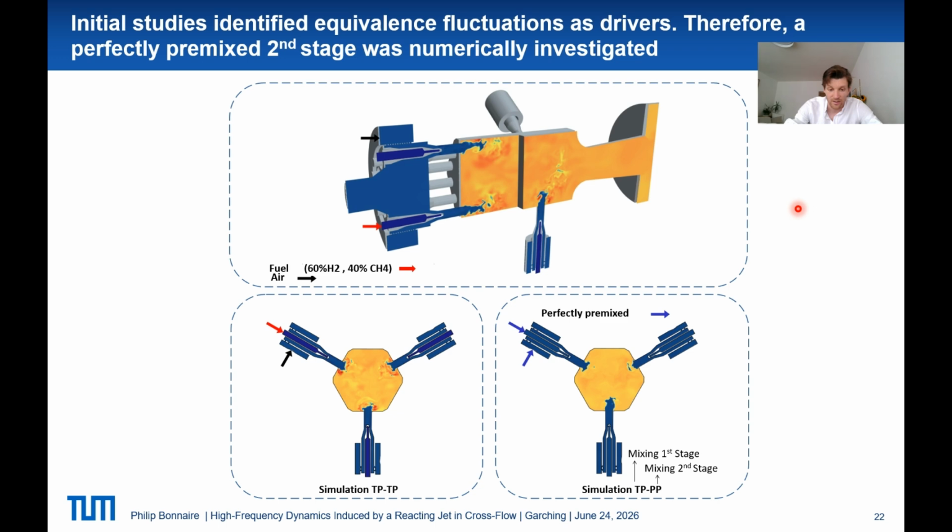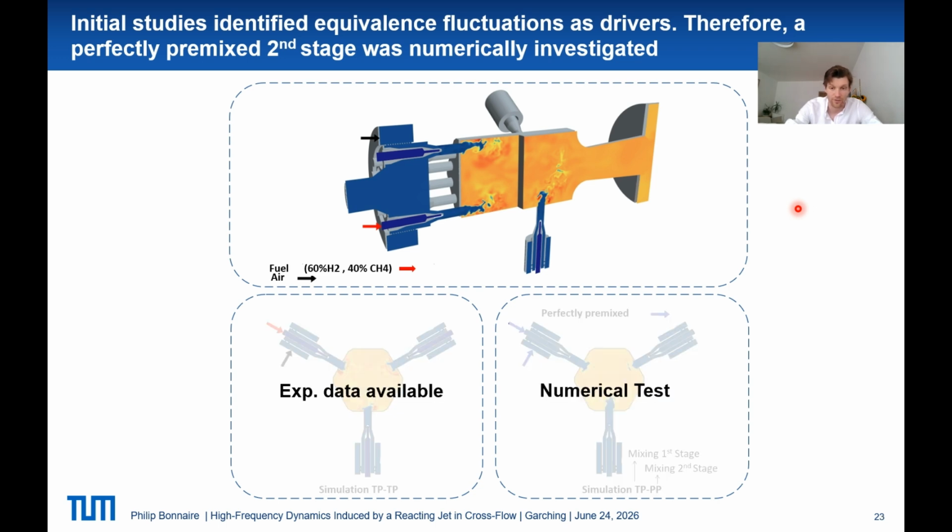Since this sometimes leads to confusion, I want to highlight that for the one case where we had technical premixing in the first stage and technical premixing in the second stage, we had experimental data available. For the second case, where we injected a perfectly premixed mixture in the second stage, this is just a numerical test.